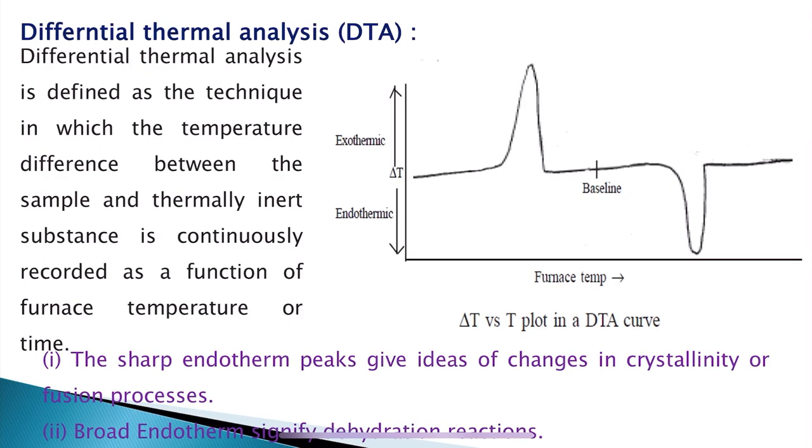Thus, differential thermal analysis is defined as a technique in which the temperature difference between the sample and a thermally inert substance is continuously recorded as a function of furnace temperature or time. This is how we define differential thermal analysis.